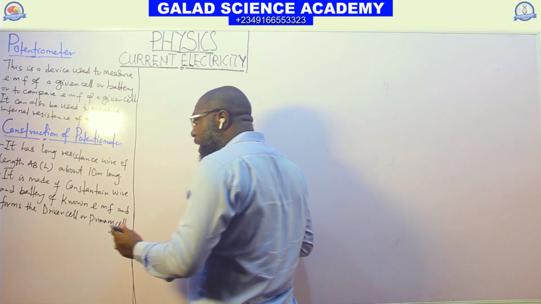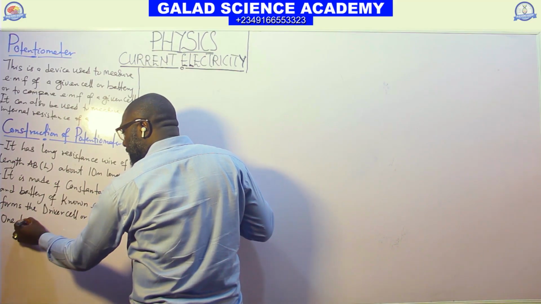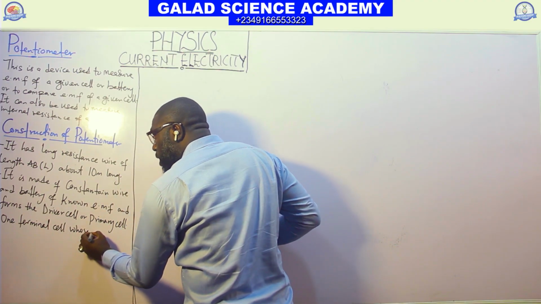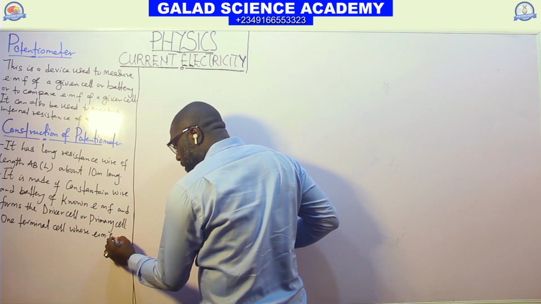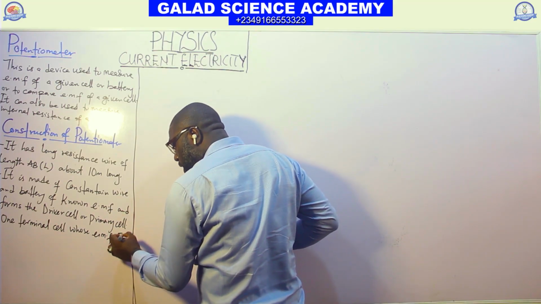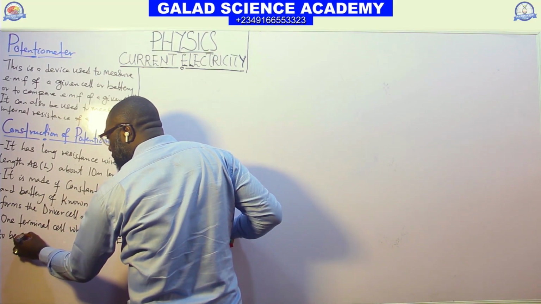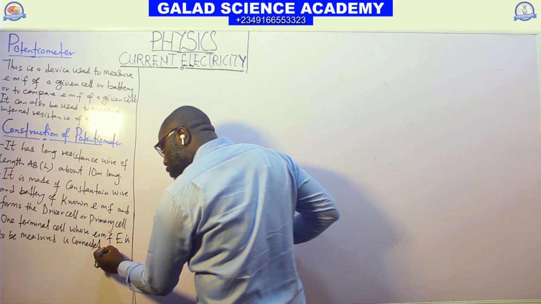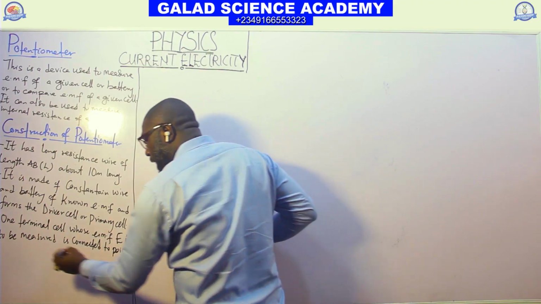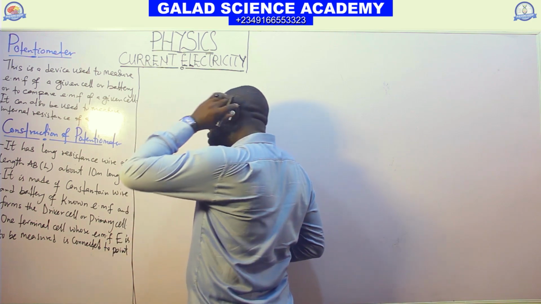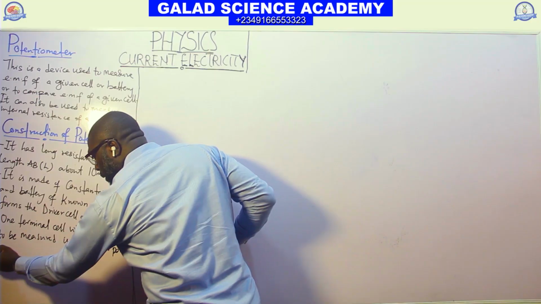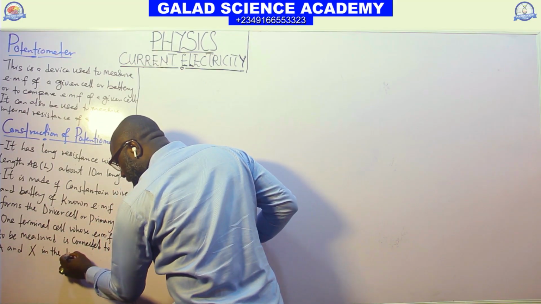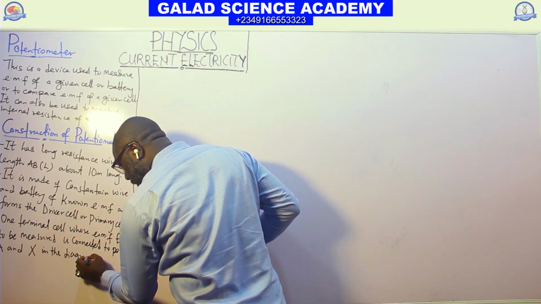The last one is one terminal of the cell whose EMF E is to be measured, which is connected to points A and X in the diagram below.